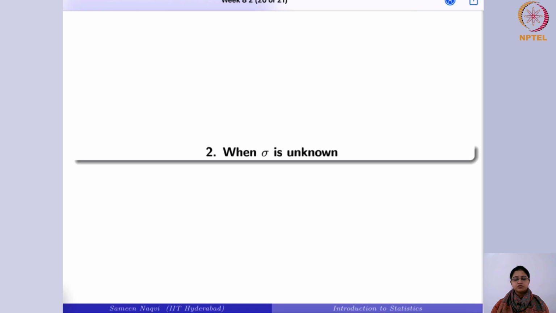Now the difference would come when you are dealing with the test statistic, because when sigma is known, in all the three cases the test statistic would be the same, because you know that the sample mean would follow a normal distribution. And when it is unknown, if you can recall, we will be using the t statistic, or the t distribution, sorry.